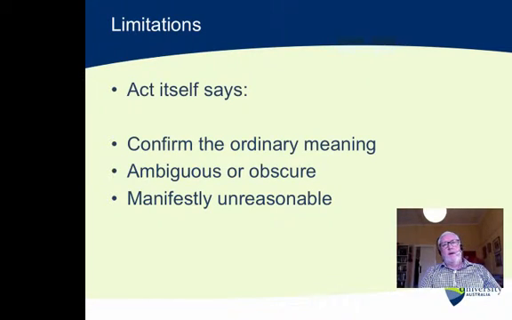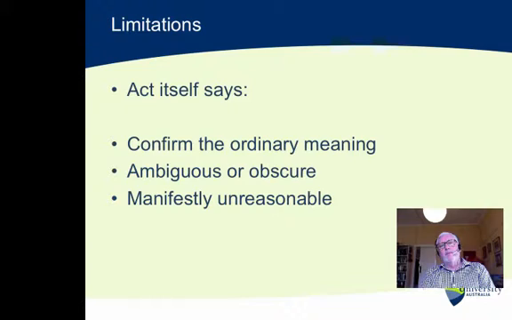So the Act itself says you've got to go through that first of all, or you can certainly do it where the legislation is ambiguous or obscure or manifestly unreasonable. So your first argument, if you're wanting to use extraneous material, is the easiest one, which is that, well, Your Honour, this material is ambiguous.